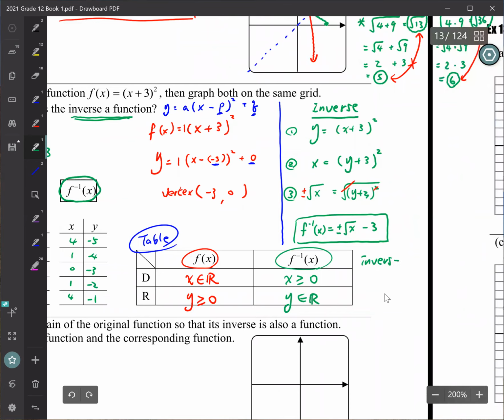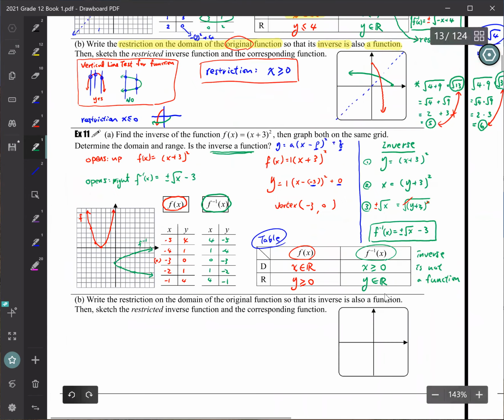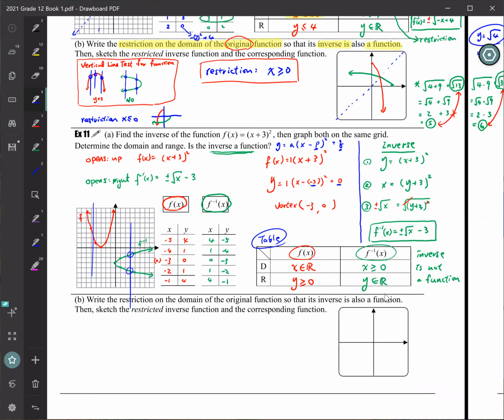Inverse is not a function, okay? Because it fails the vertical line test. When you draw a vertical line, it will cross 2 places, okay? If you draw the vertical line for the red one, it will only cross once. So original is a function, inverse is not a function.